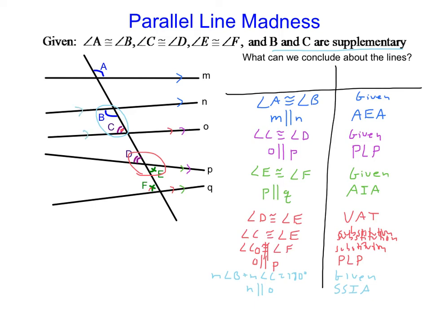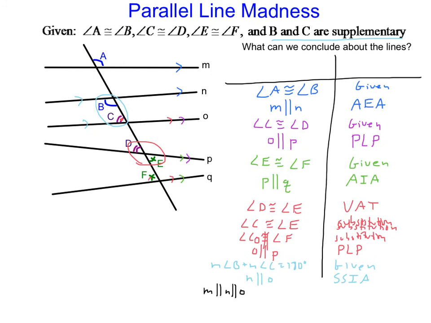Okay, this time I'm going to do the transitivity thing. If M is parallel to N, established up here, and N is parallel to O, established just recently with those light blue ones, then M is parallel to O. And the list actually continues down here that O was parallel to P with the purple, and P was parallel to Q with the green, and they're all going to be parallel to each other by the transitivity of parallel lines.